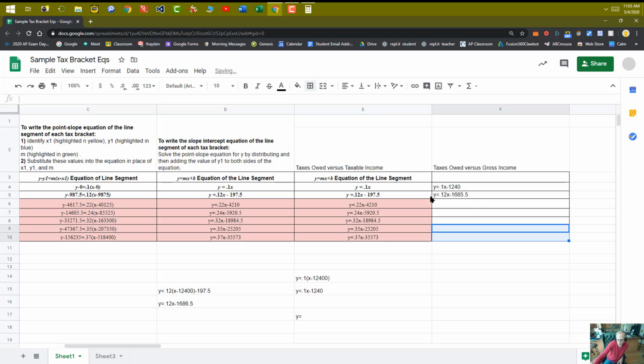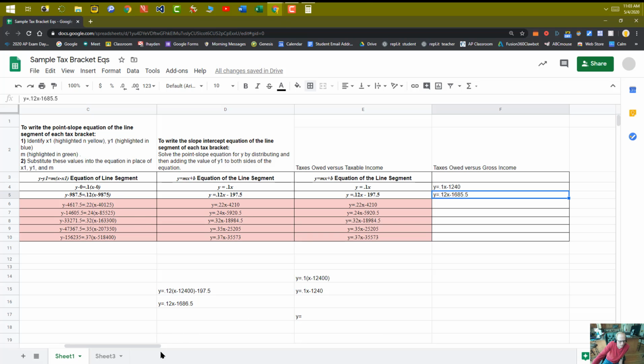And the way you get the equation is you look at the slope-intercept form equation of taxes owed versus taxable income, and wherever you see x, you put it in parentheses, and then subtract 12,400. Then once you do that, you distribute and then combine the constants that you get, and that's going to give you the new equation of the line.